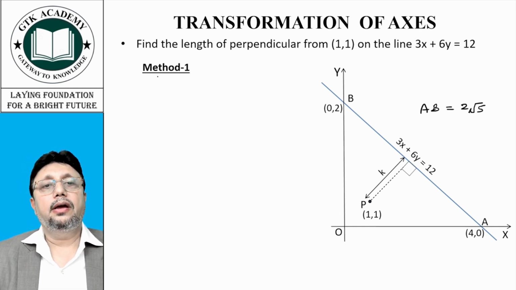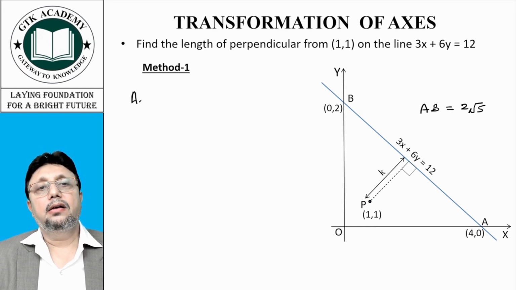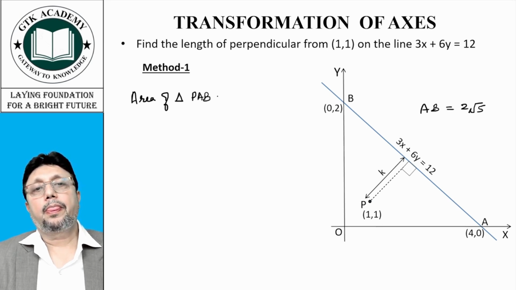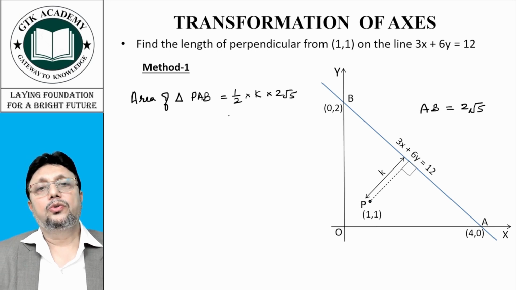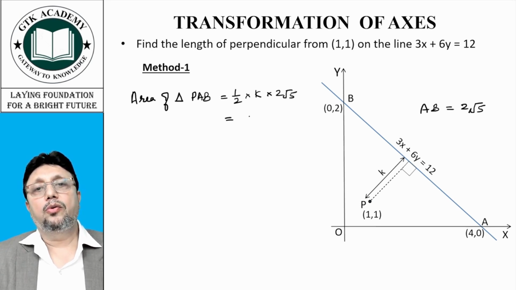Now the area of triangle PAB is equal to half into K into AB. AB is 2 root 5, so this area equals K root 5.